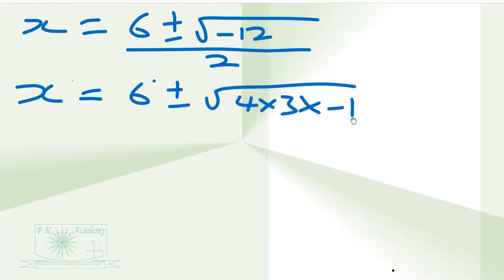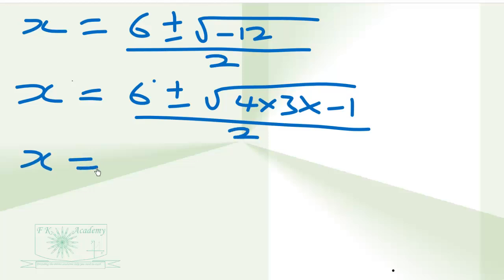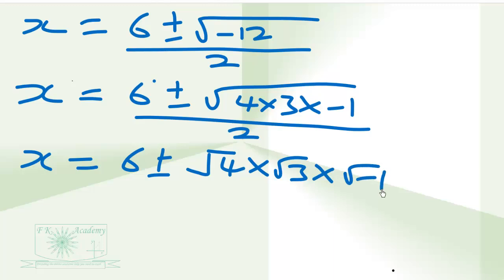That will give us negative 12. So we can express this as that, divided by 2. So we have x equals 6 plus or minus square root of 4 times square root of 3 times square root of negative 1, divided by 2.